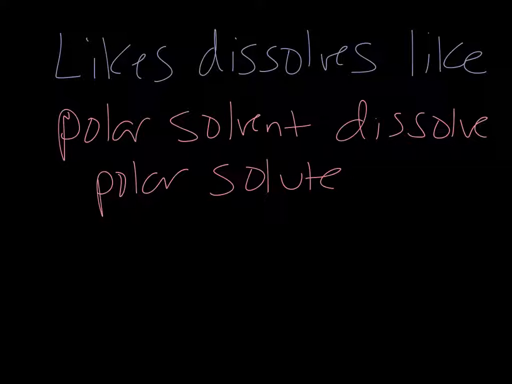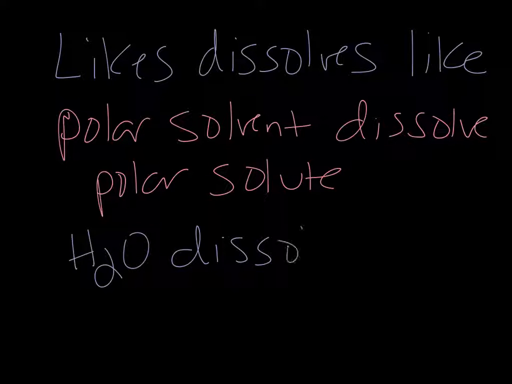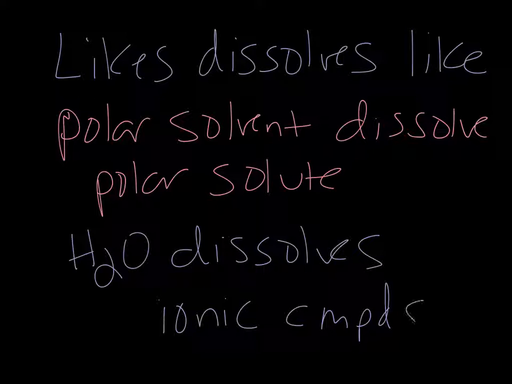So an example would be water, being a polar solvent, would dissolve an ionic compound where you end up having charged particles in solution because those would be polar as well given their charge. On the other hand, a nonpolar solvent like hexanes or oil or something like that would dissolve a nonpolar solute, like a hydrocarbon chain or something like that.